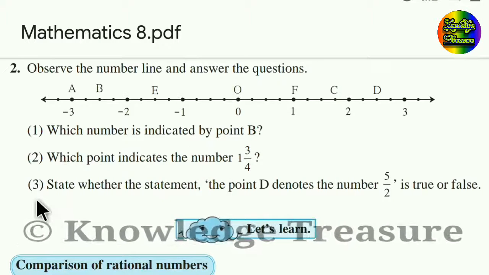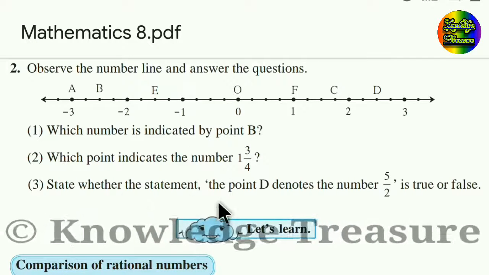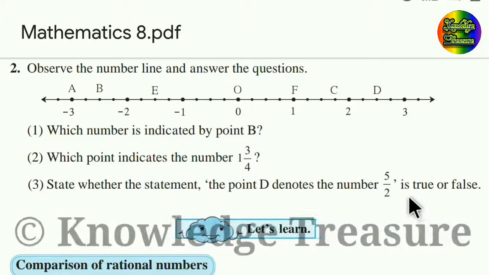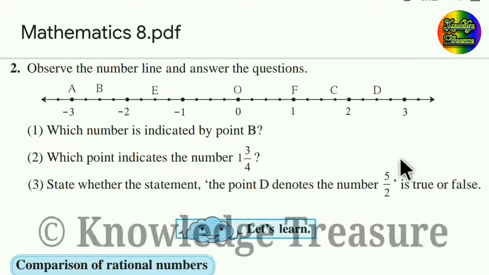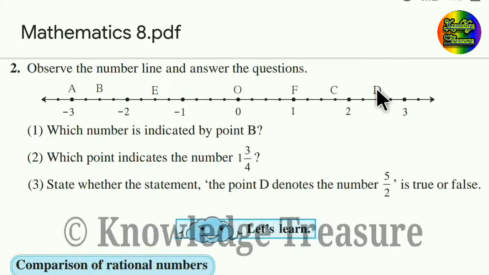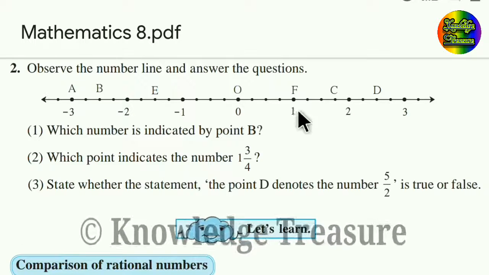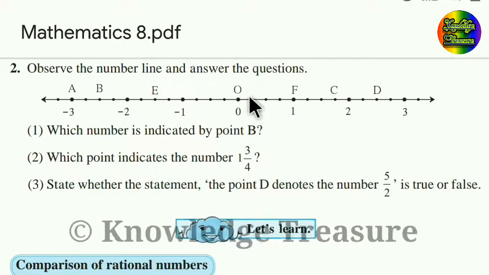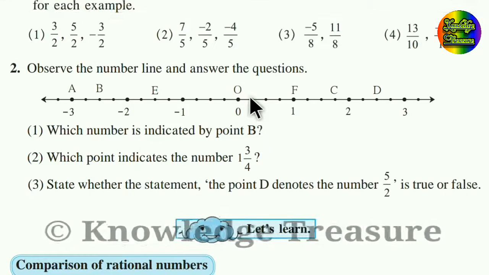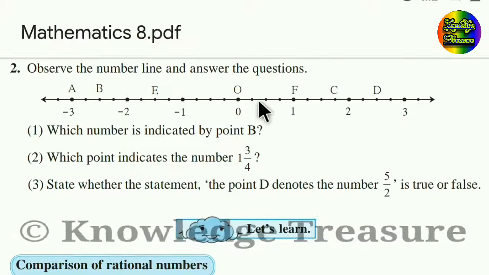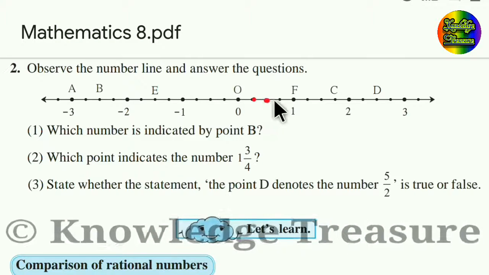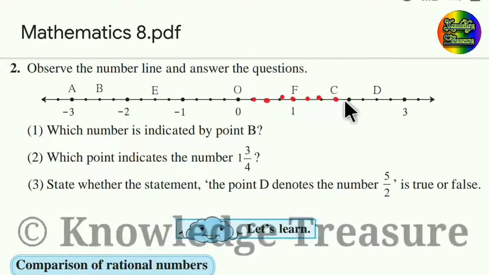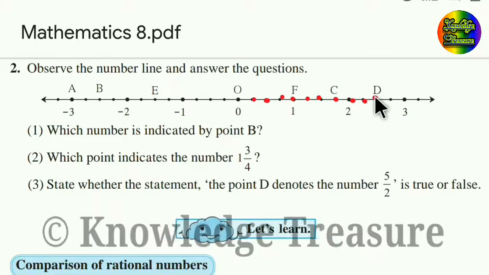Okay. Now let us see the third one. State whether the statement 'the point D denotes the number 5 upon 2' is true or false. Where is D? D is here. First of all, we'll find out the value of D. Let us count the points: 1, 2, 3, 4, 5, 6, 7, 8, 9, 10.